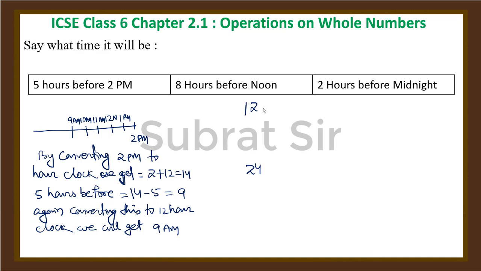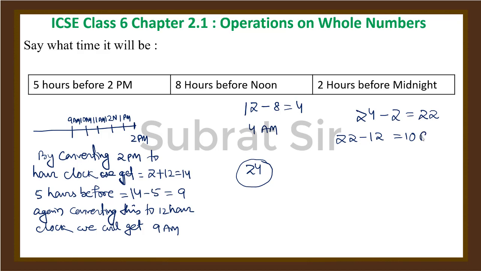So here 12, then 8 hours before, so minus 8 equals 4, and after converting this to 12-hour clock, we will get 4 a.m. Okay, and here 2 hours before midnight, as I already said, midnight means 24. And 2 hours before midnight means minus 2. So we get 22. Okay, and in 12-hour clock, 22 means 22 minus 12. So it is 10 p.m.